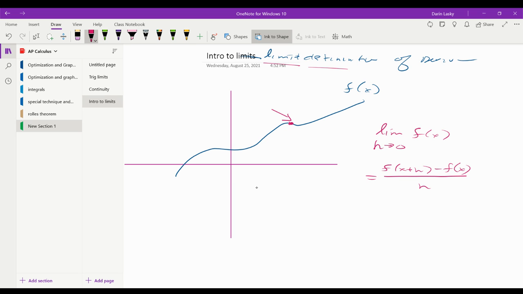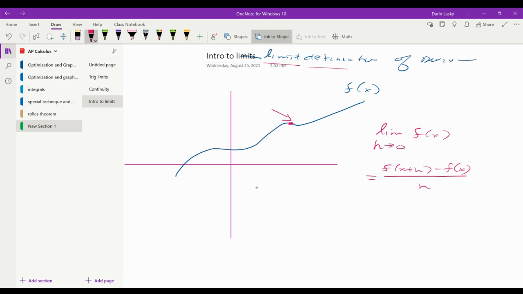Now, I'm not going to get into this too much until Monday for you guys. Because of the last 18 months, we're just going to work on the algebra ability for you guys to kind of pull this together. Okay. Don't worry about where x plus h comes from. We'll talk about that on Monday.